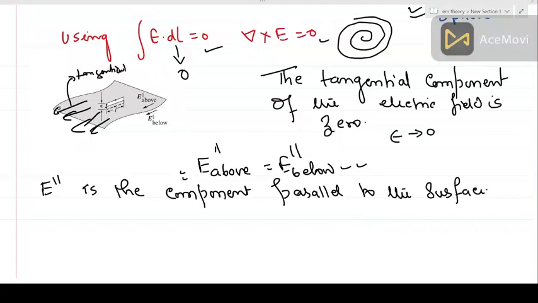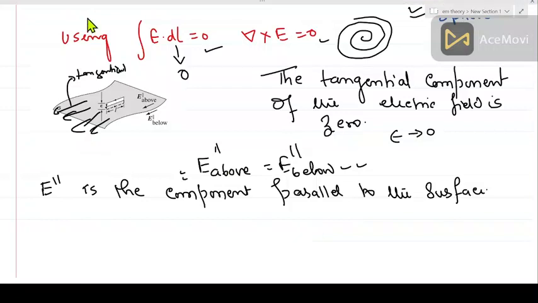So we can say that the tangential component is always continuous. This means that the parallel component of electric field is the same above and below the surface.